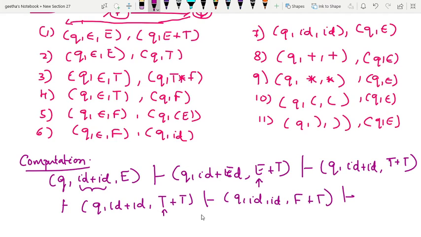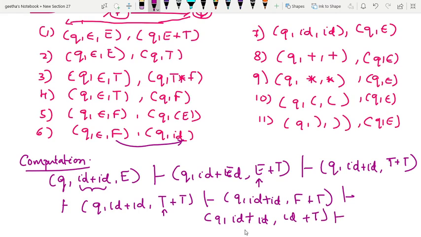Next, Q, comma, ID, comma, ID. F can give you ID on input Q, right? So here it is ID plus ID, and F can give you ID plus T. What happens finally?